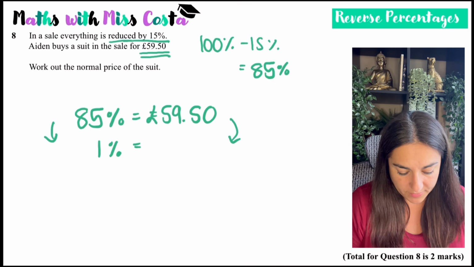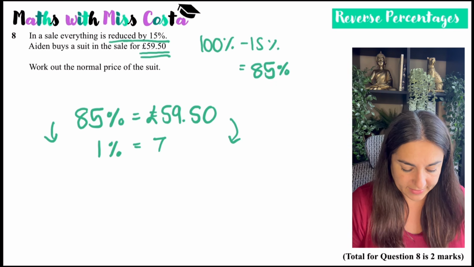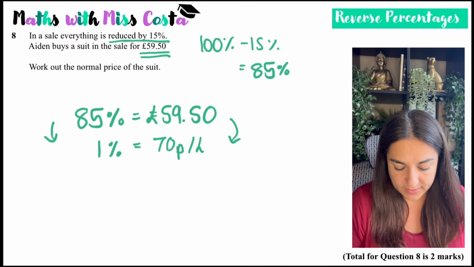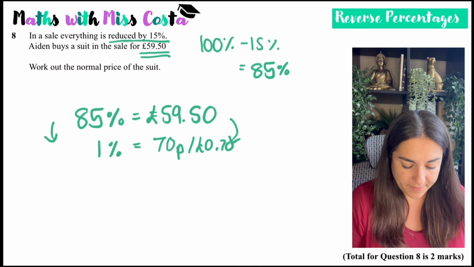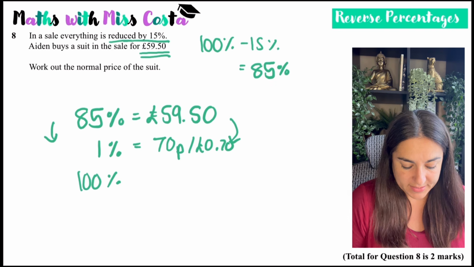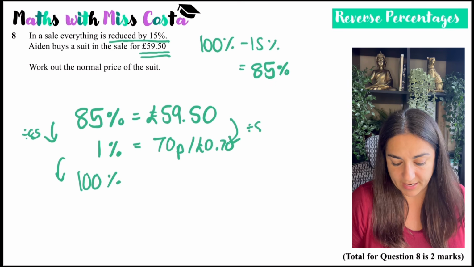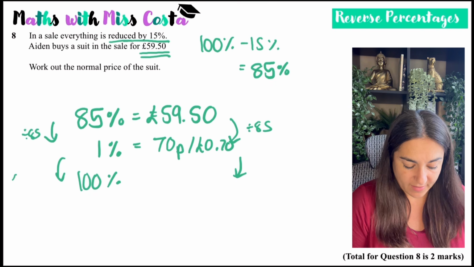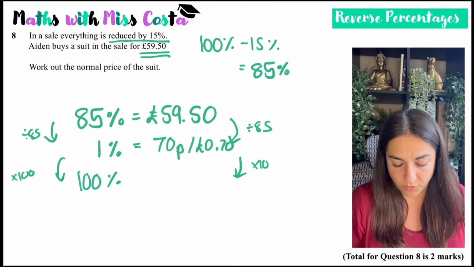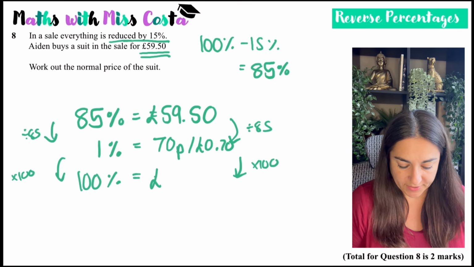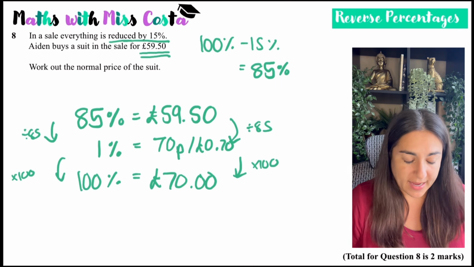So I know that 1% is 70 pence, or 0.7. I multiply that by 100 to get back to 100%. So I first divide by 85 to work out what 1% is, and then I times by 100 to work out what 100% is, and that is going to give me £70.